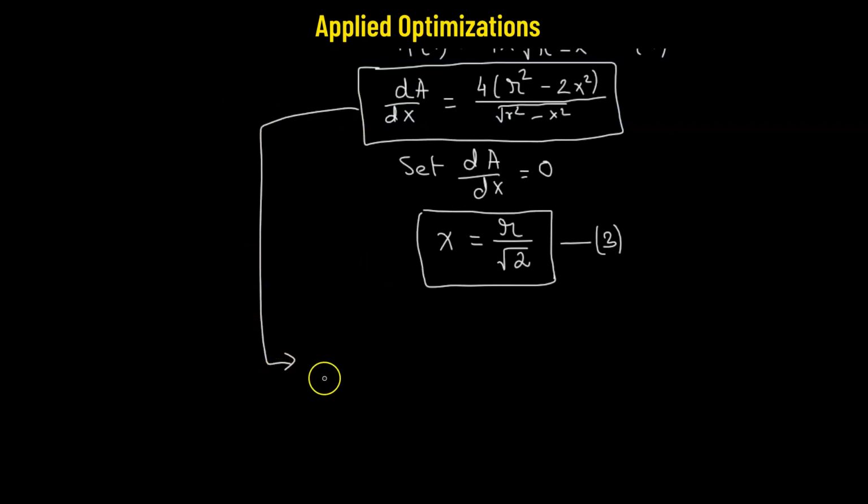So we have the second derivative of A with respect to x. Again, you can perform the derivative by using the quotient rule. And again, I'm going to go ahead and write down the result.